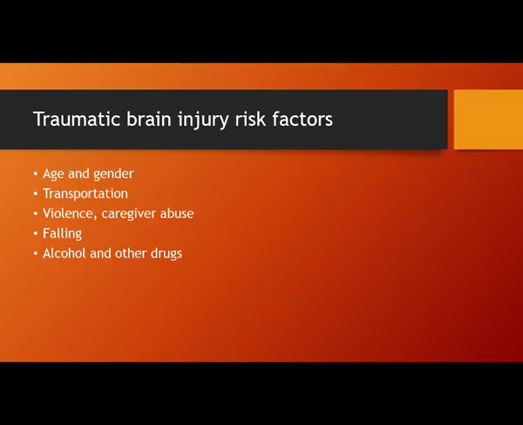So the risk factors, to summarize: age and gender, what kind of transportation. Obviously, somebody that rides a motorcycle without a helmet is going to be at higher risk than somebody that only rides the bus or train and doesn't even get in private cars hardly.